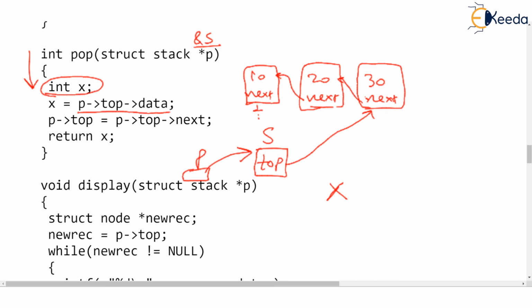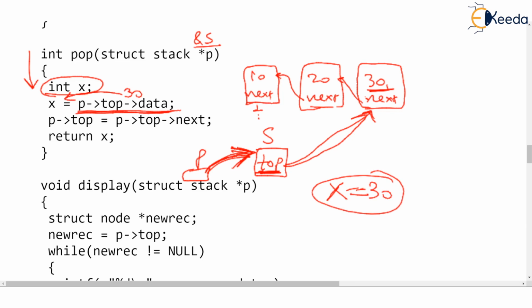What is p arrow top, p arrow top arrow data? That means we are talking about 30, isn't it? Just follow the pointers. p arrow top arrow data is nothing but 30. And that 30 will be stored by the local variable x. So x is 30. And our plan is that we are going to return this x. Check the last line. We are going to return this x back to main.